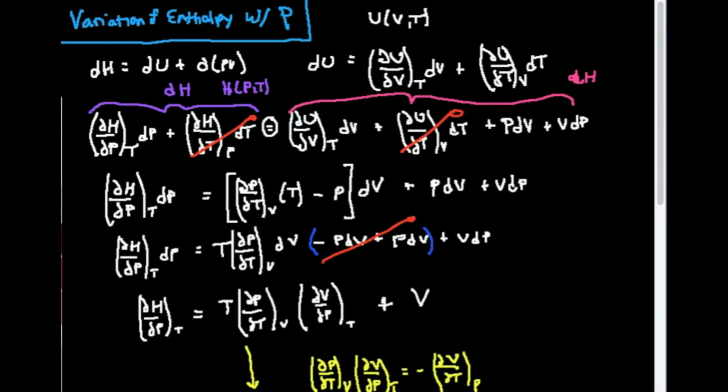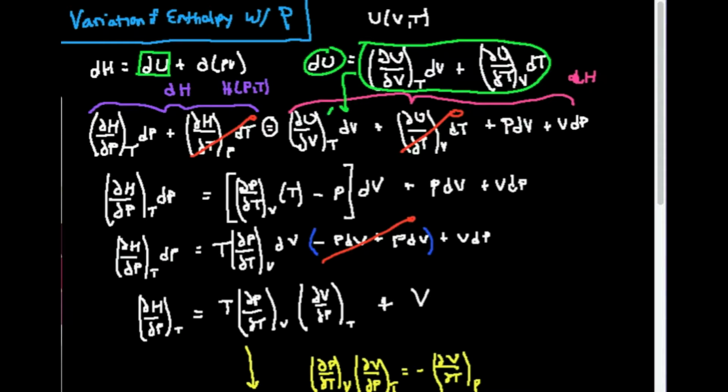But dH, according to the first law up here, is also equal to dU plus d(PV). So the dU component, I'm essentially going to take all of this, because this is also dU, and plug that in right here.